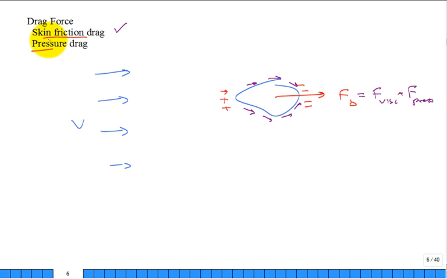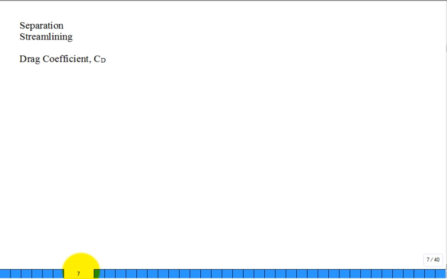What's the difference between these two? This is always perpendicular to the area of the object, and the skin friction is always aligned, tangential to the object shape. You can have separation, and often streamlined objects try to avoid separation.